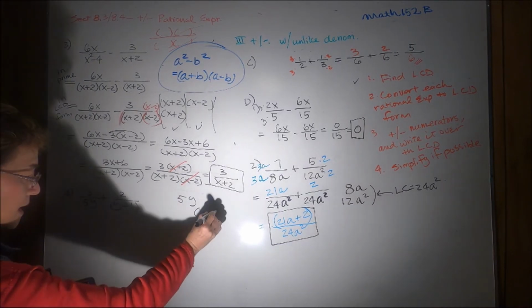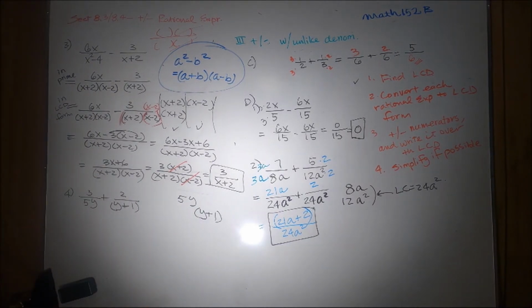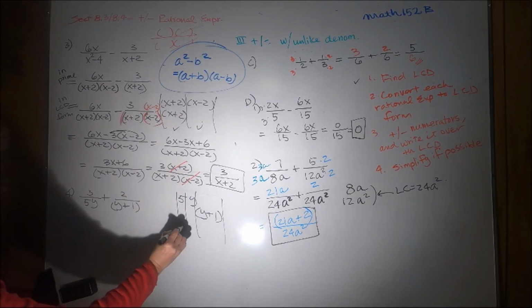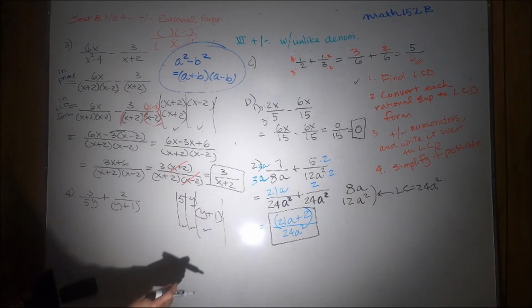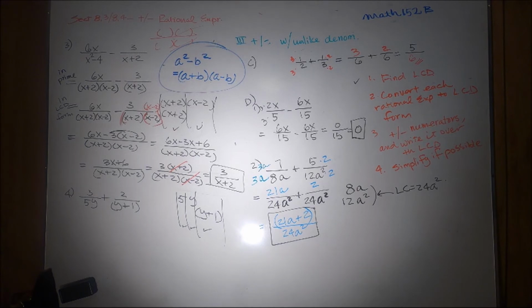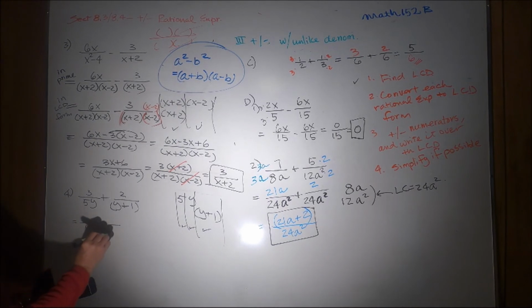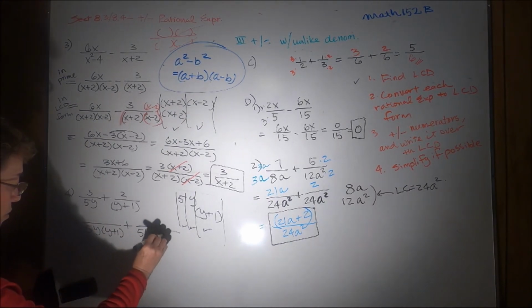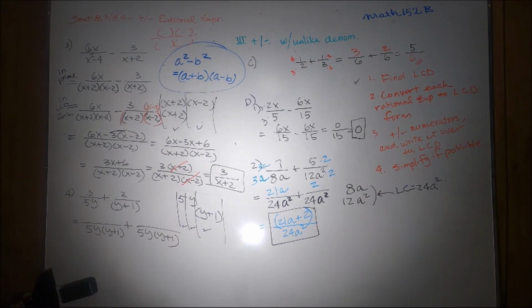So what's your LCD? If you line them up, that would be 5y and the y plus 1 multiplying together. So you should have 5y, y plus 1, right?